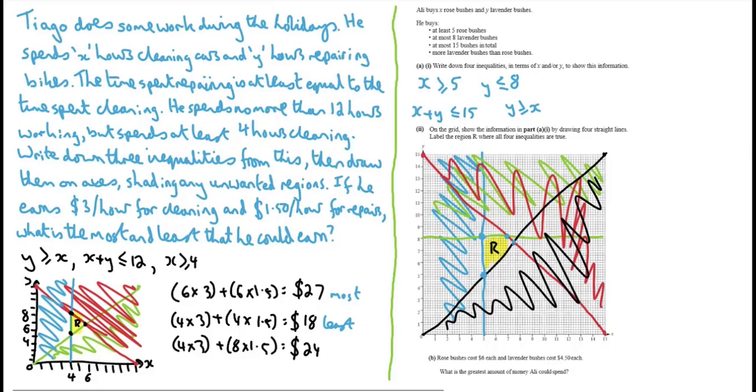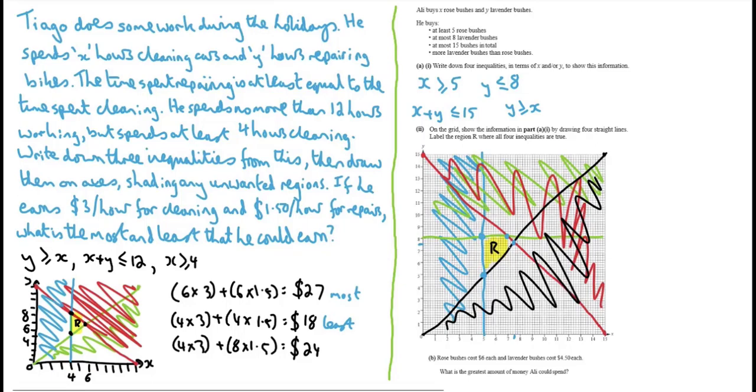However, here, that value comes out at 7.5 and 7.5, which would also make sense because it's the intersection of the line where y equals x. They have to be the same value, but they also have to add together to make 15, and so half of 15 is 7.5. You cannot buy half of a bush though.